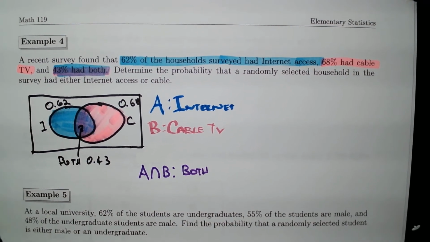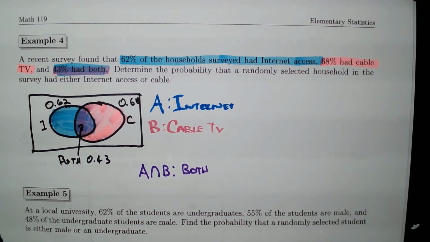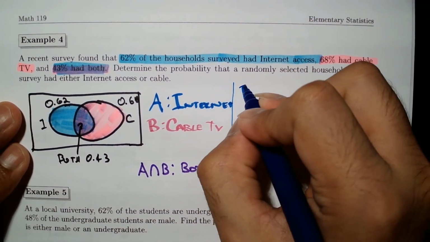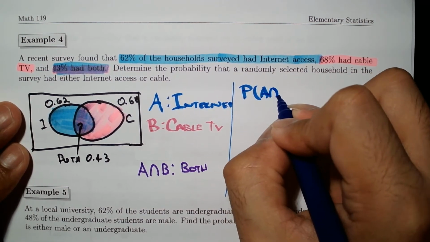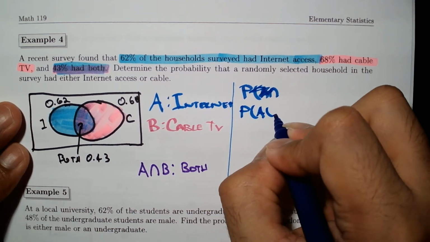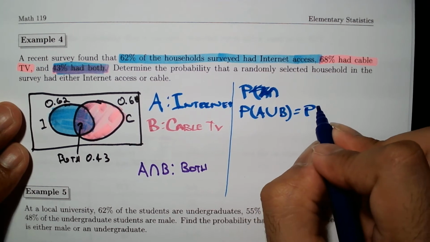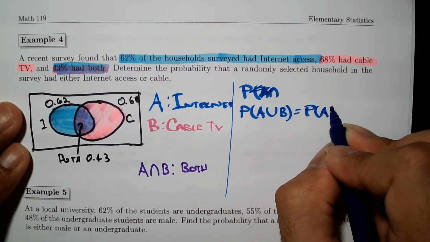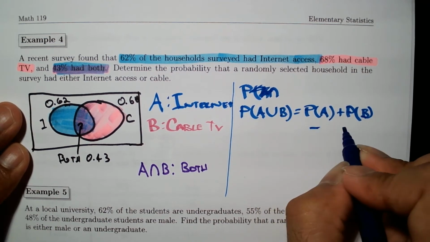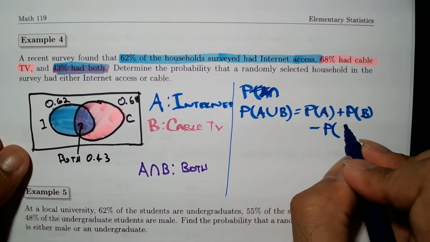So when we find the probability for this, they are really asking us to find the probability that either A or B, which in this case will be the addition of the two probabilities, but in this case minus some intersections, because notice we have overlaps here.